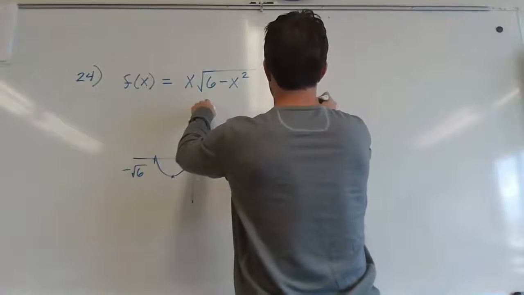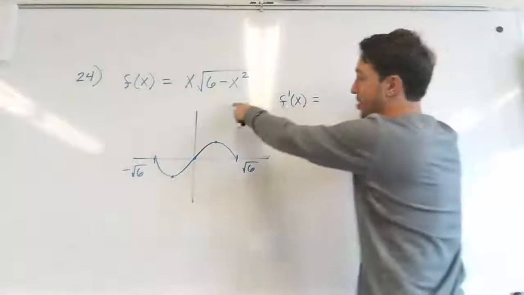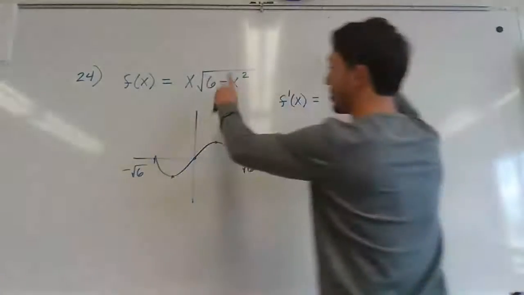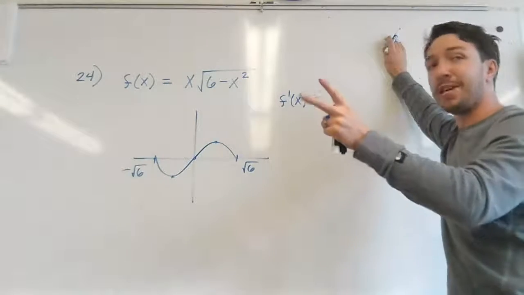The derivative. What rule or rules do we have to use to take the derivative of this? There's 2. Product and the chain rule. Yep, you have to use both.